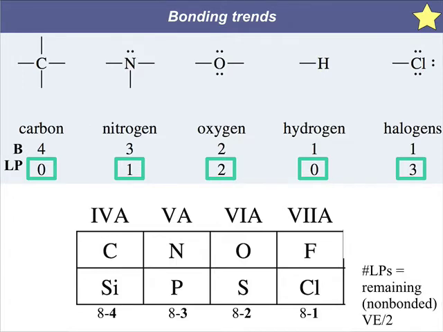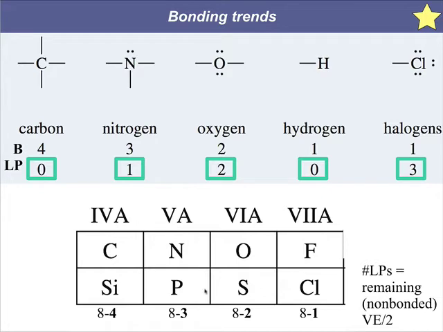And specifically, if we take 8 minus the number of bonds that we make, so 8 minus 4 for carbon, 8 minus 3 for nitrogen, 8 minus 2 for oxygen, we end up with the number of valence electrons, right? So fluorine, 8 minus 1 bond, has 7 valence electrons, or column 7, column 6, column 5, column 4, okay?